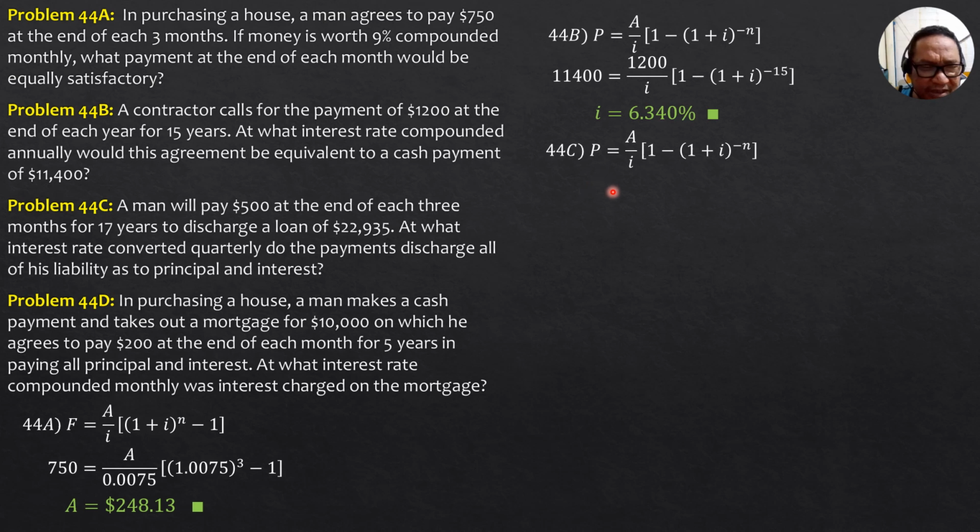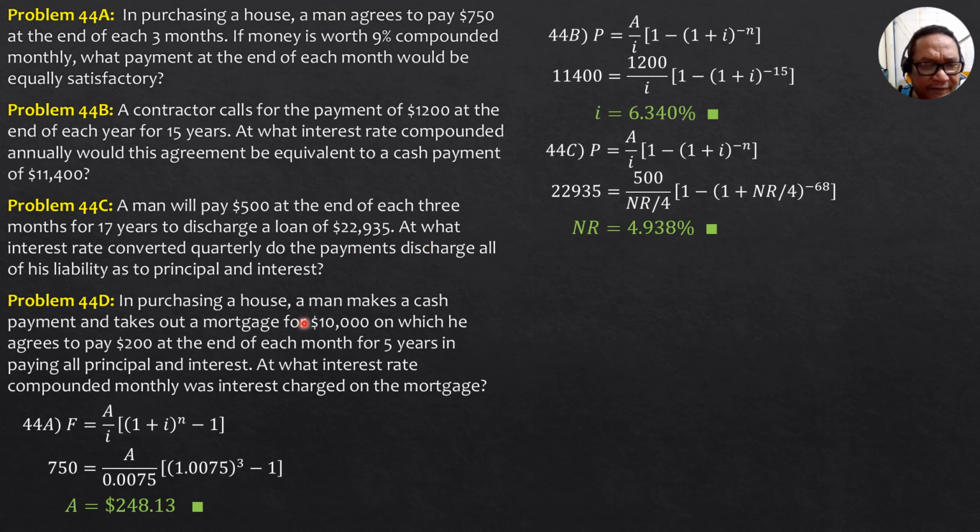So substituting: 22,935 equals 500 over NR over 4, quantity 1 minus quantity 1 plus NR over 4, raised to negative 68. So again, using your high-tech calculator, by solving for NR, shift solve, NR is equal to 4.938% compounded quarterly. So that's the answer to this problem 44C.